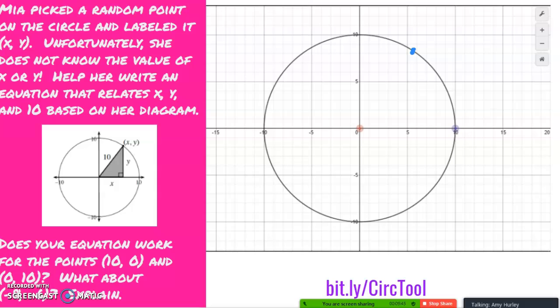But again, we do know that that's 10, because that's our radius, and we made the radius 10. We do not really know what the other lengths are, so we're just going to label them x and y.